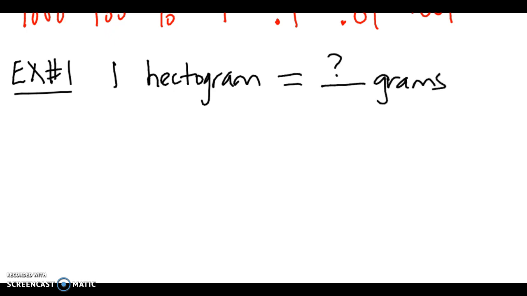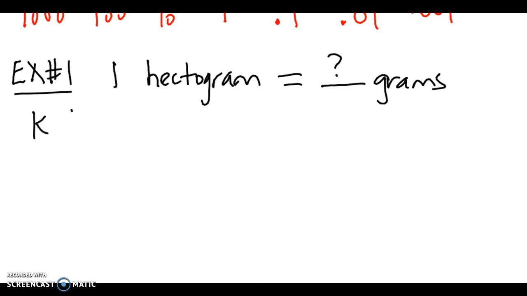I'm going to do this method using the mnemonic, and then I'll do it using what we call dimensional analysis. It's just a long way of doing it, but it's useful when we get to section 7.4.